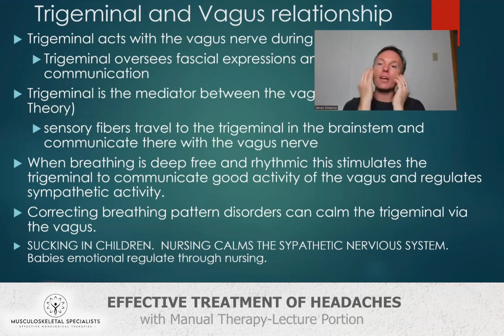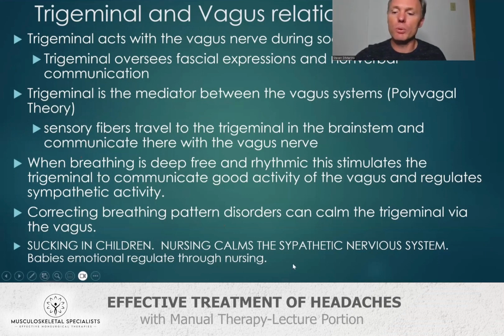Then the sucking action calms them down, and it could be the sucking action more than the food. You have those kids with the binky, you put your finger in their mouth to calm them down real quick, and that works. So it's the actual sucking action on the trigeminal that calms the nervous system for babies. And so nursing from the breast is best, right? If you could breastfeed a baby, you're going to have a much more resilient child.